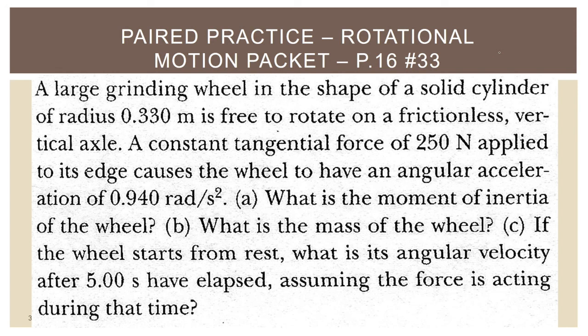Part A of this question asks, what is the moment of inertia of the wheel? Part B of this question asks, what is the mass of the wheel? And part C says, if the wheel starts from rest, what is its angular velocity after 5 seconds have elapsed, assuming the force is acting during that time?